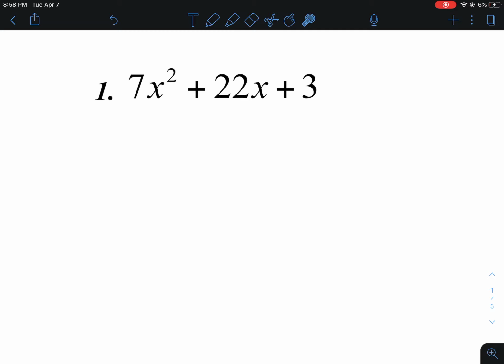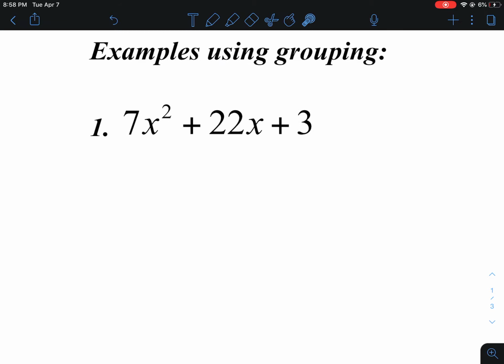So let's look at 7x squared plus 22x plus 3. So like I said, all of these are in this form, ax squared plus bx plus c. So we want a product of a times c, which in this case is 7 times 3 or 21, and we want a sum of 22.